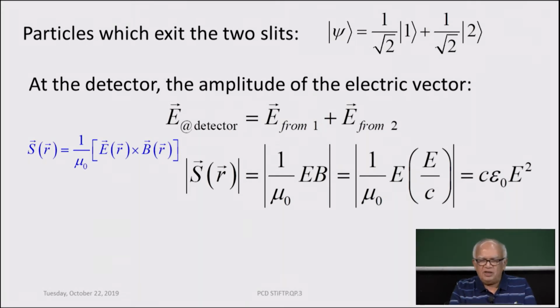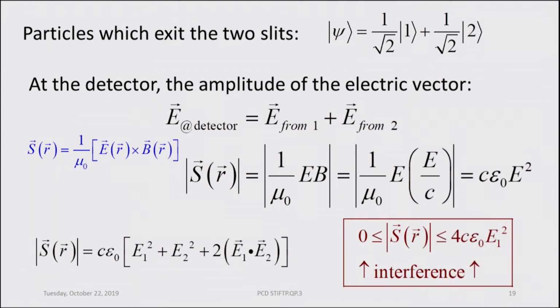And if you look at the Poynting vector, it has got a magnitude which is 1 over mu 0 times E cross B, or c epsilon 0 E square.